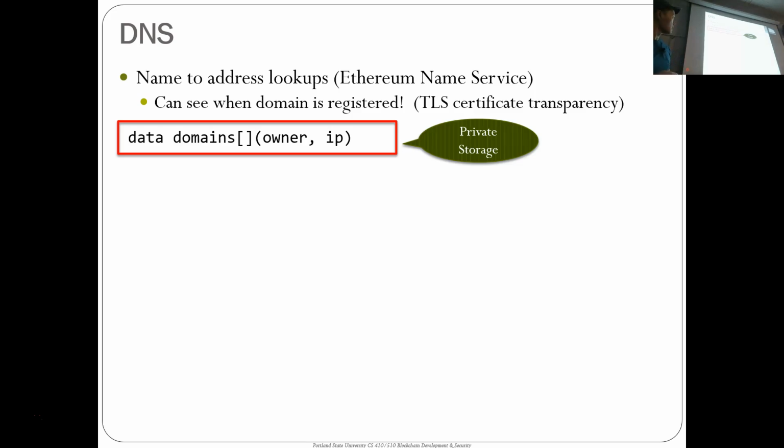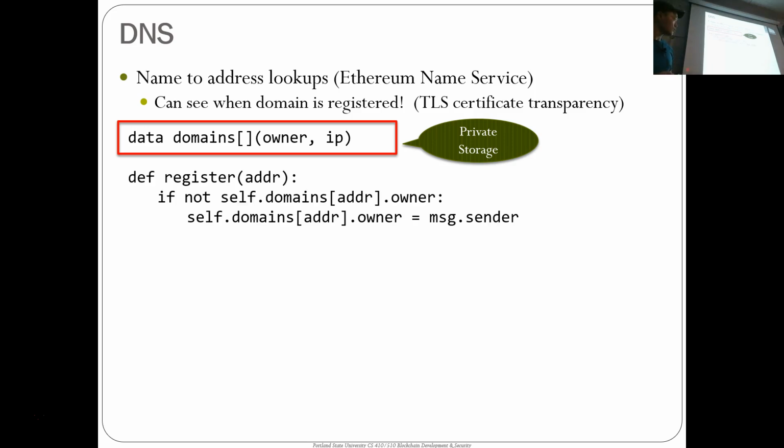So here's the idea. Your contract stores a mapping that says who owns this domain and what its IP address is. Then you implement a register function in this contract. If the domain is open, you set the owner of that domain to the sender, so this claims the domain by making you the owner of that address.